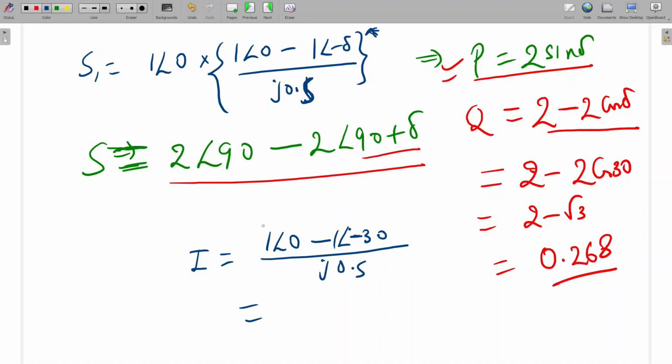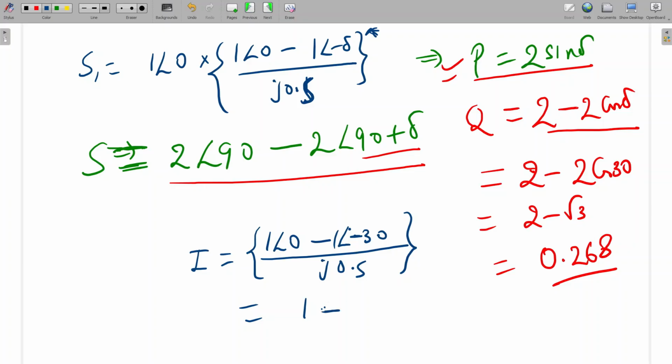See, if we are dividing two phasors, the magnitude will be the magnitude of the numerator divided by the magnitude of the denominator. So we can do it like this. In the reverse way also we can do it.